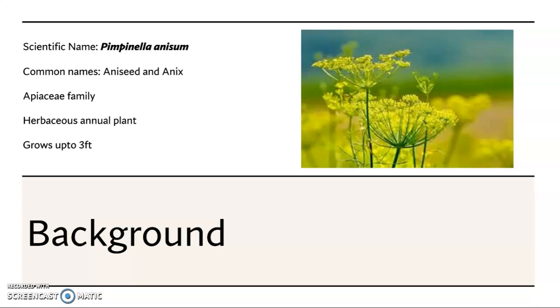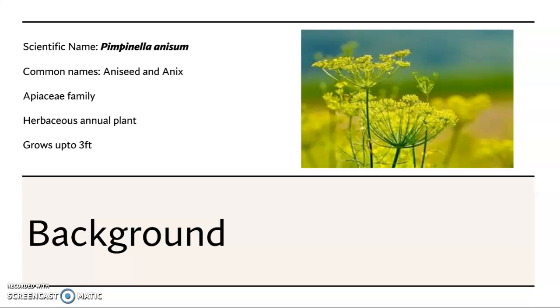It is a herbaceous annual plant and it grows up to 90 centimeters or 3 feet. Sometimes it can grow even more. The leaves at the base of the plant are simple. However, towards the top, they're long and shallowly lobed, which looks like a flower.